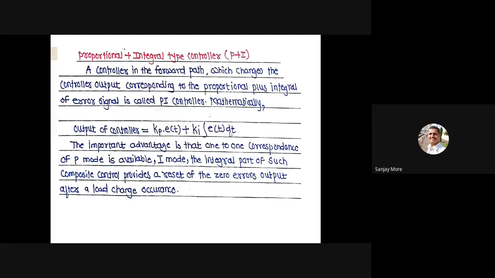So write down, in proportional plus integral type controller, PI controller, a controller in the forward path which changes the controller output corresponding to the proportional plus integral of the error signal is called a PI controller.